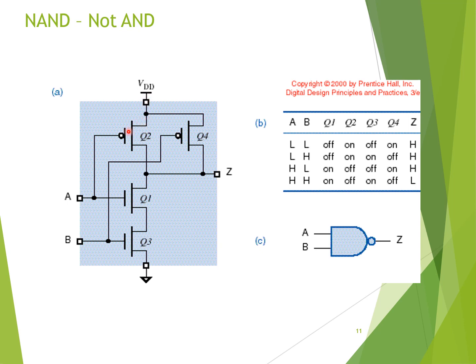So what happens here when I'm having PMOS connected in this fashion, we are getting a NAND output. What is the output? So this will give us A bar and this will give us B bar.